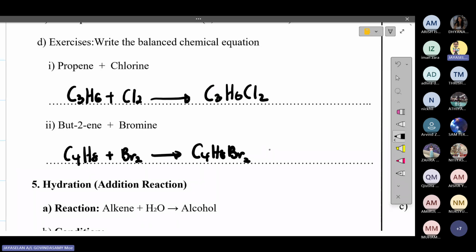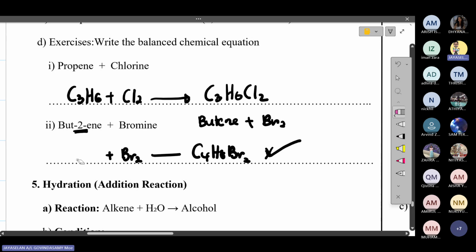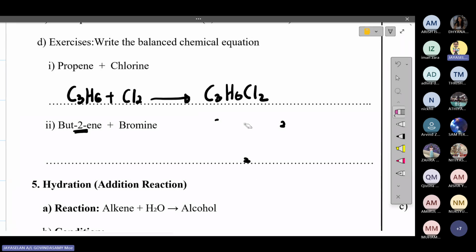Everyone, please remember, if you do it like this, it is wrong, because the double bond starts at carbon number 2, so we cannot know from this. If they put butene reacted with bromine, your answer is correct. In the exam, they deliberately try to trick you, they will put but-2-ene, then reacted with bromine.